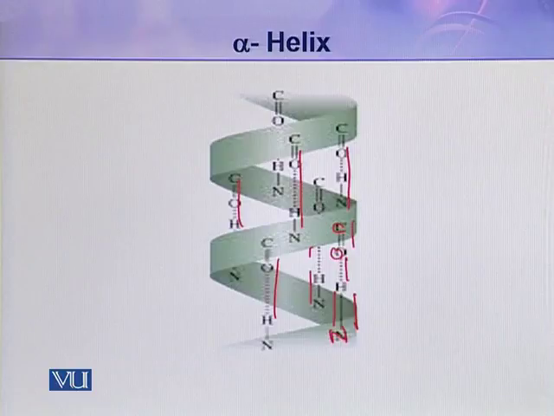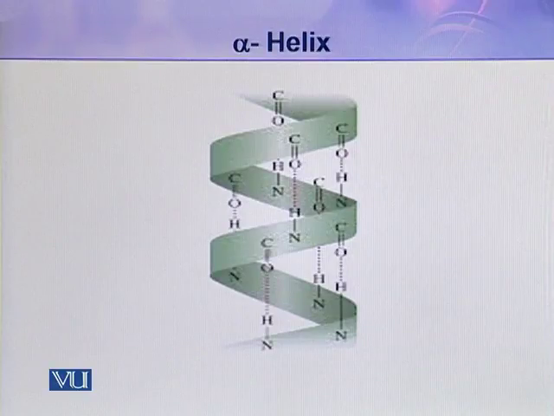So the first amino acid will make a hydrogen bond with the fourth one, the second amino acid will make a hydrogen bond with the fifth one, and so on. So in this case, all the amino acids are hydrogen bonded, and this structure becomes a very stable structure.